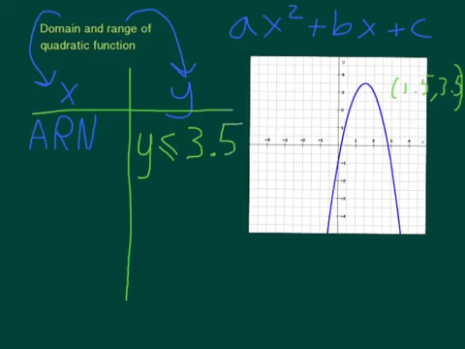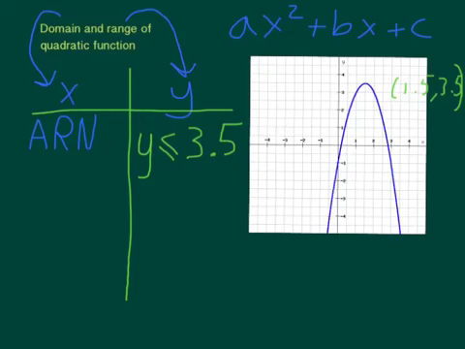If I plug in any y that's bigger than 3.5, I'll get no solution. There will be no x's that I can find that will give me y equals 4, for example, or y equals 5. I can see that from this. I might be given a graph, or I might also be given an equation, just with some numbers.